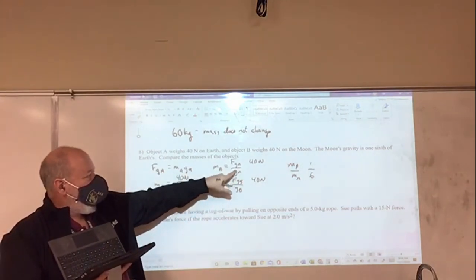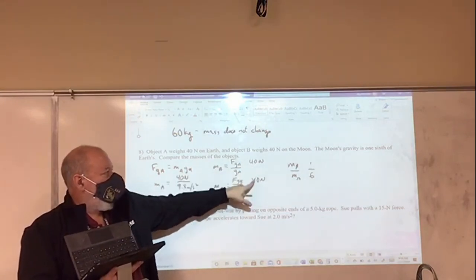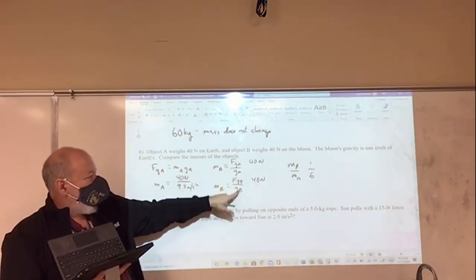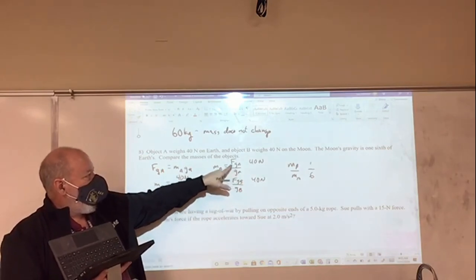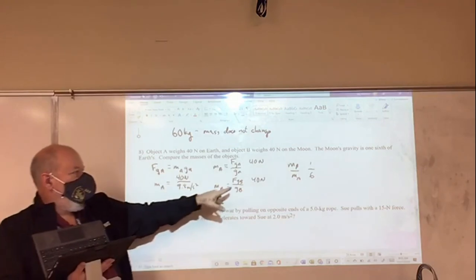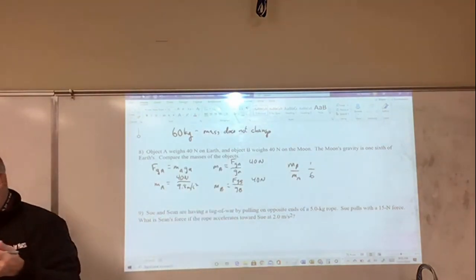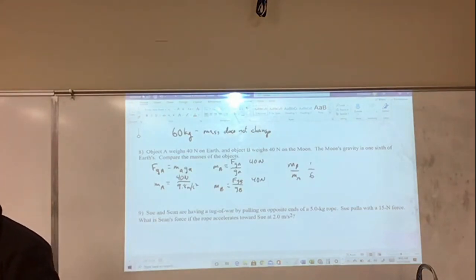You can recognize that because both of the weights are the same, the acceleration due to gravity is going to be that same 1/6 as what the problem states. So you could just say the mass of the thing on B is going to be 1/6 of the mass, and you wouldn't even have to show me that.